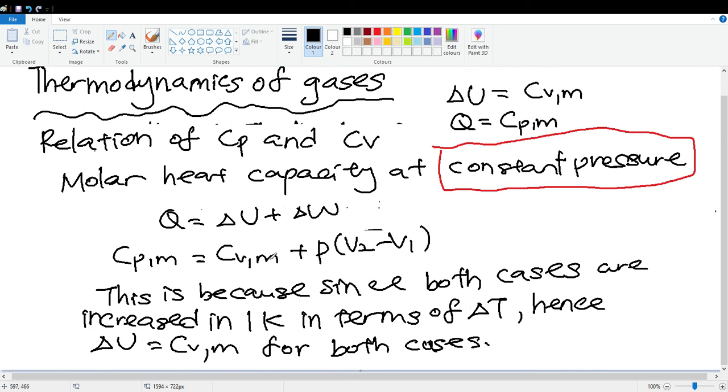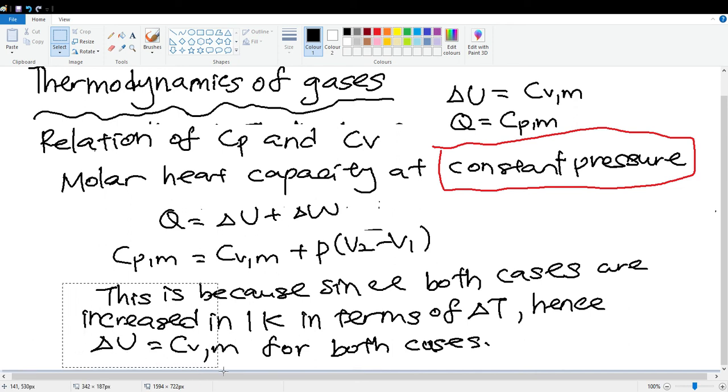Since we use 1 mole of gas and an increase of 1K, the internal energy for our gas molecules at constant pressure is also equal to Cvm. That is why we can substitute Cvm as the internal energy of the gas.